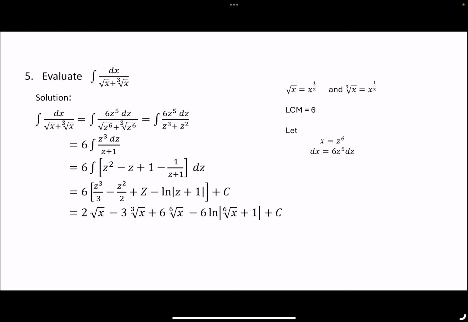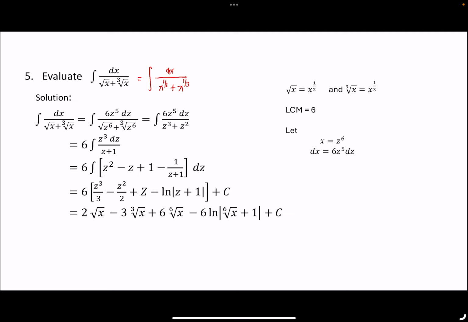For our next item, we have the integral of dx over x raised to 1/2 plus x raised to 1/3. So we have to let z be equal to a certain term such that we would be removing the radical later.